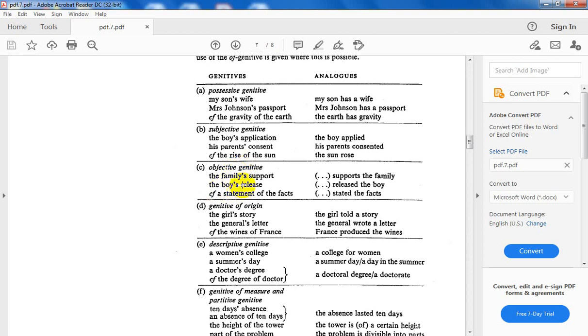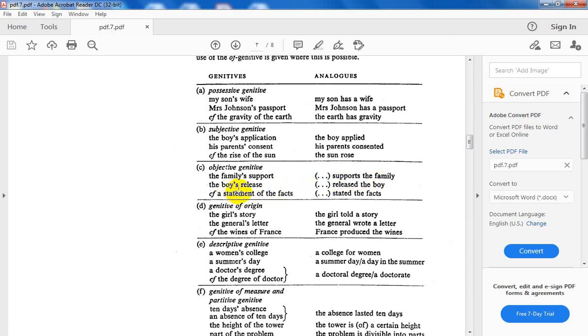Move to the objective genitive, in which the noun with the genitive becomes the object of the analog. The family's support: someone supports the family.